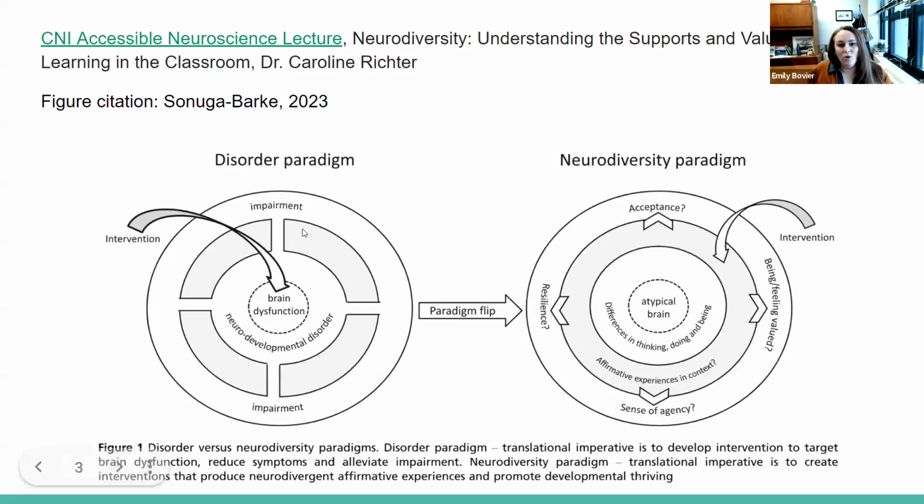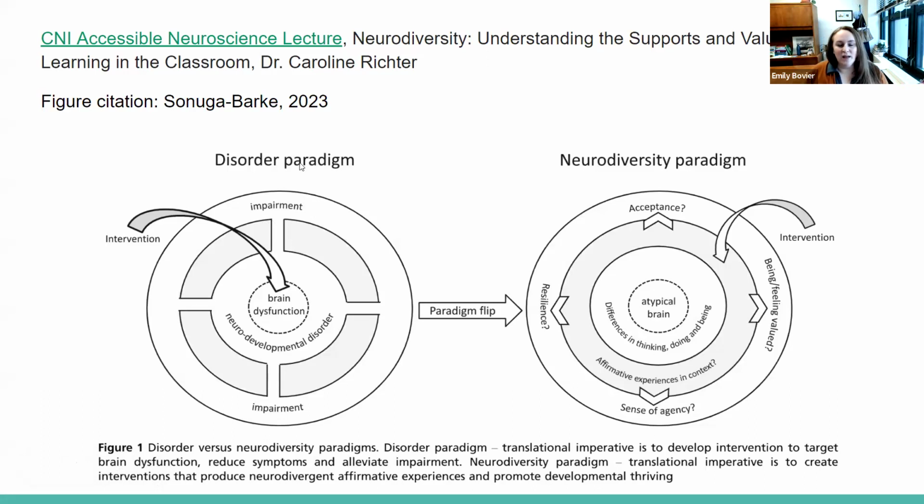The goal here is to flip the paradigm and think about it more from a social model of disability, understanding how environmental and social constructs are what disable a person as opposed to the underlying condition itself. So this visual was very helpful for me.